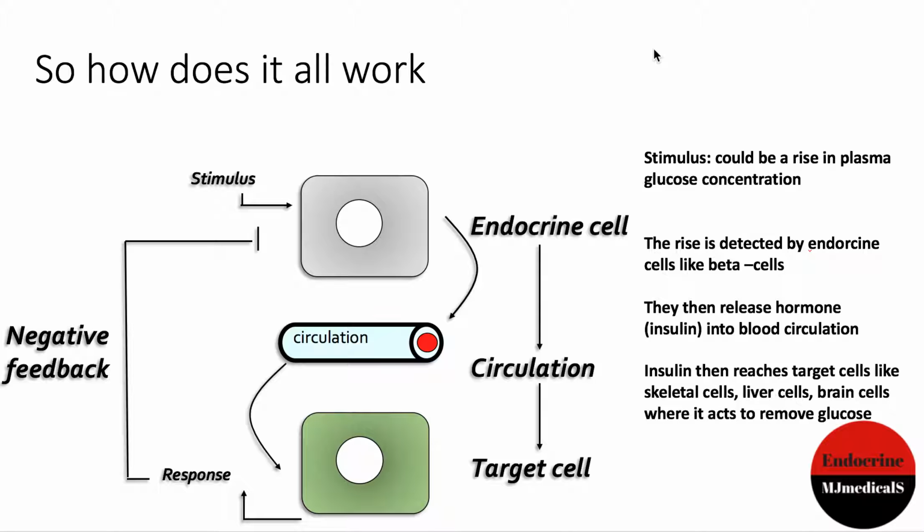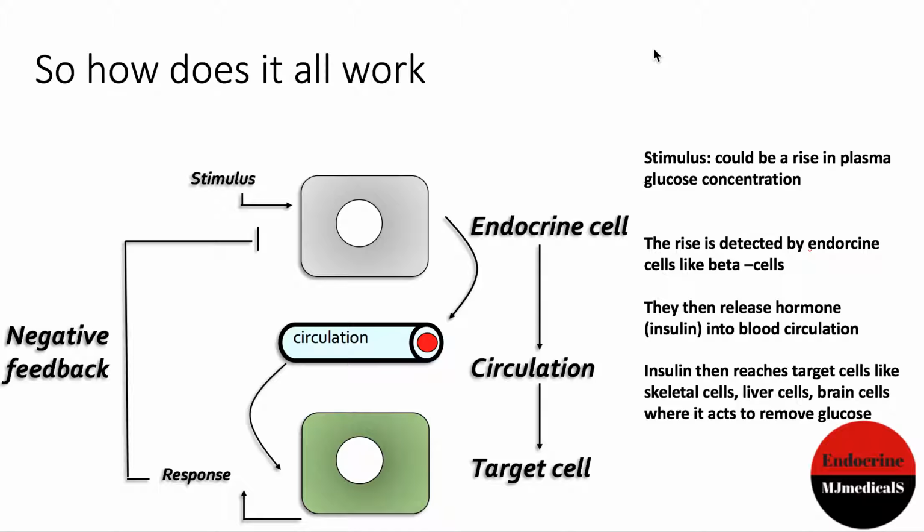Stimulus could be, for example, if you have a heavy meal large in glucose or sugary content, what would happen is your plasma glucose concentration would shoot right above 7 millimolar. The average normal range would be about 5 to 6, and this will shoot up to around 7, 8.